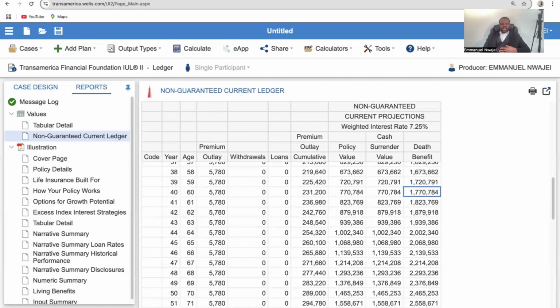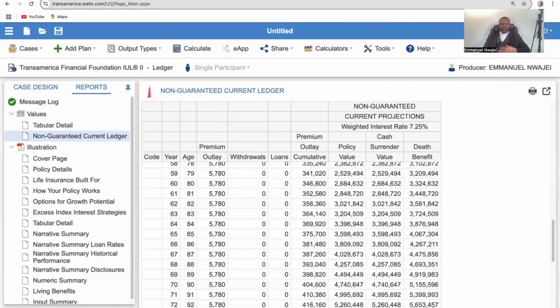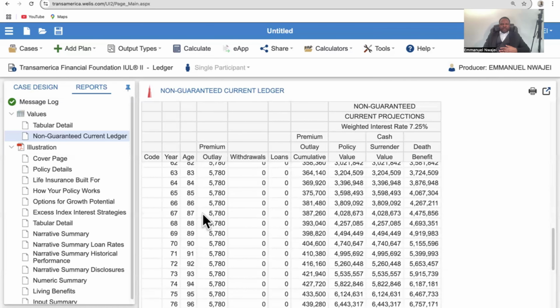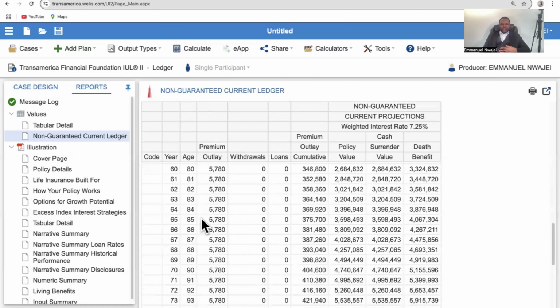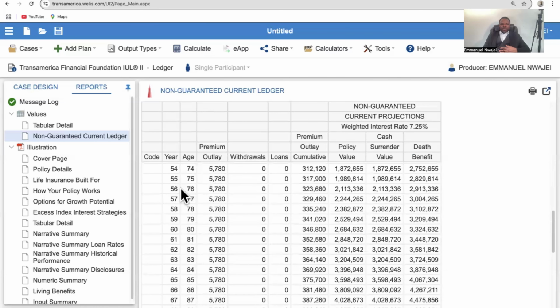Then let me do one more. When this individual is, let's say, 75 years old. So at 75 years old, what are we seeing here? By then, that is 55 years later, that fellow will be 75 years of age. This is the yearly premium, and this is the total amount you already put into the policy.